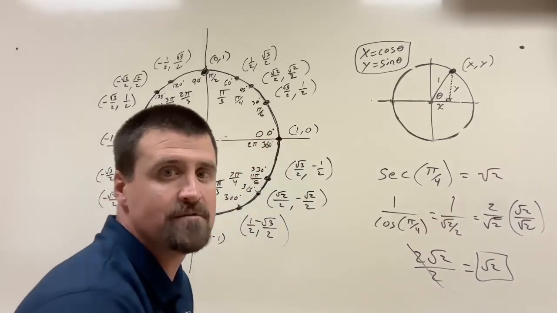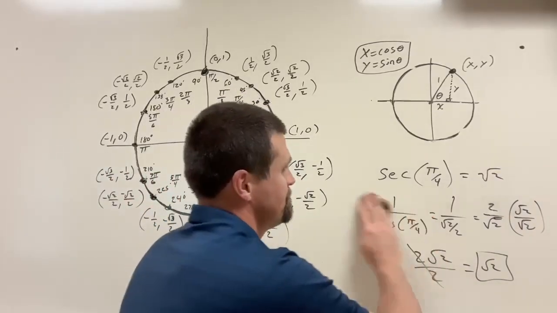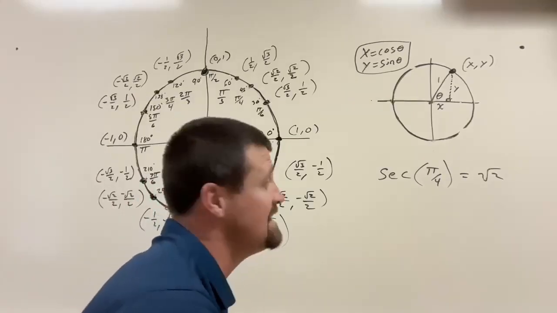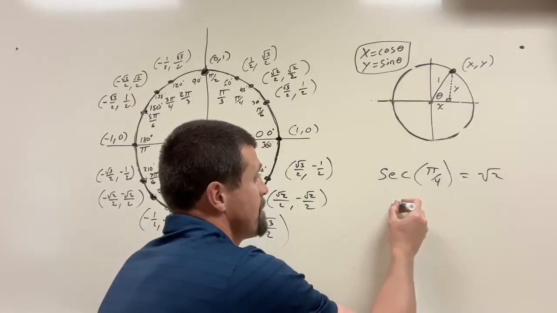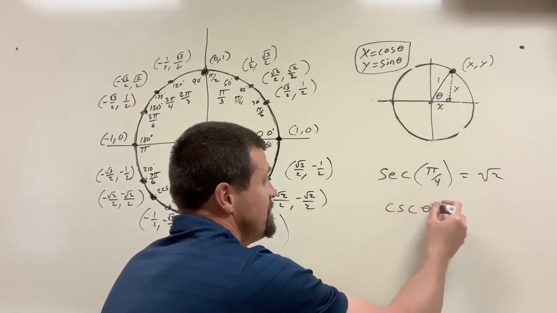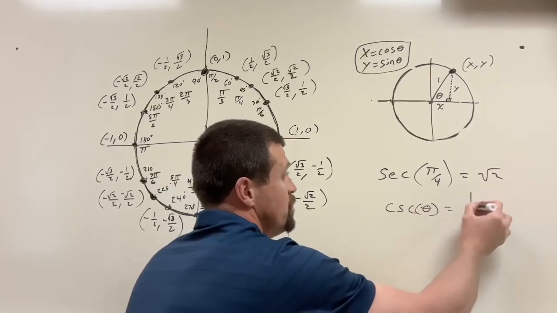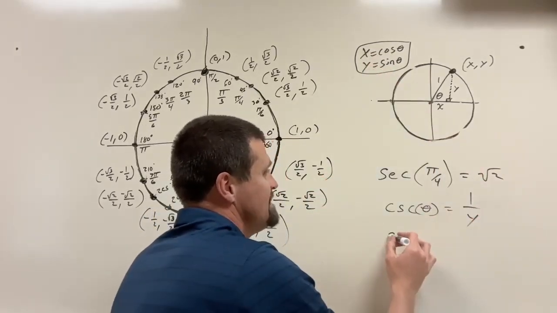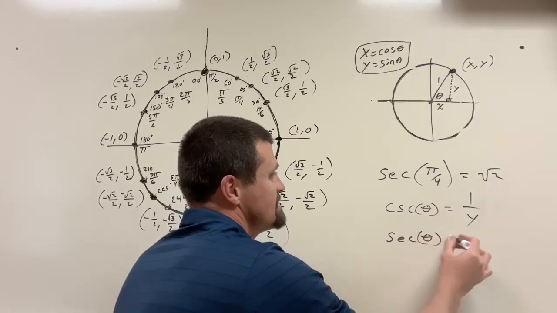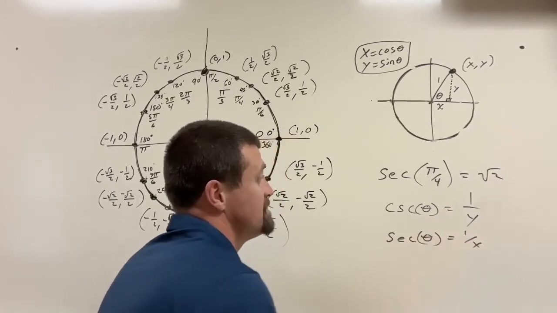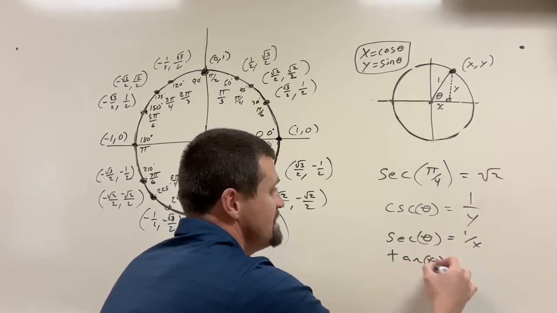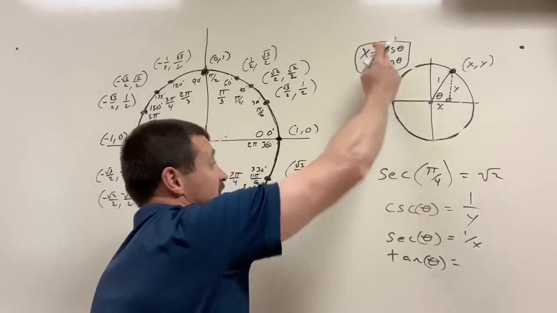All right, just to make sure, I've got a video on some of those fundamental identities, but basically cosecant of theta, just to remind you, is equal to 1 over the sine, which is going to be 1 over y. Secant theta is going to be equal to 1 over the cosine, which is x. Tangent theta is equal to sine over cosine.